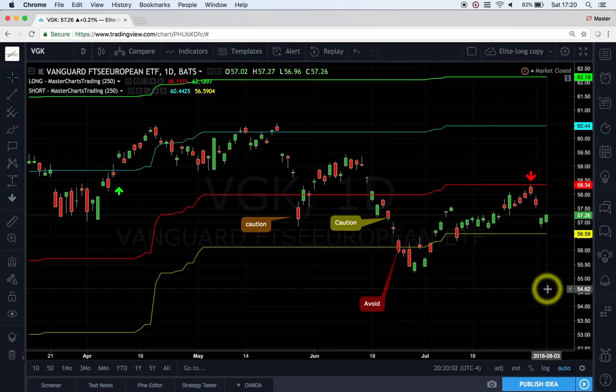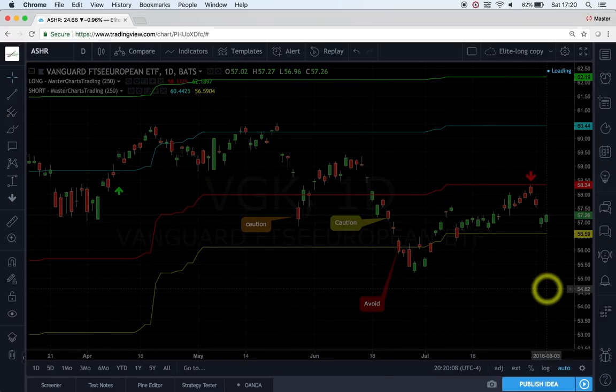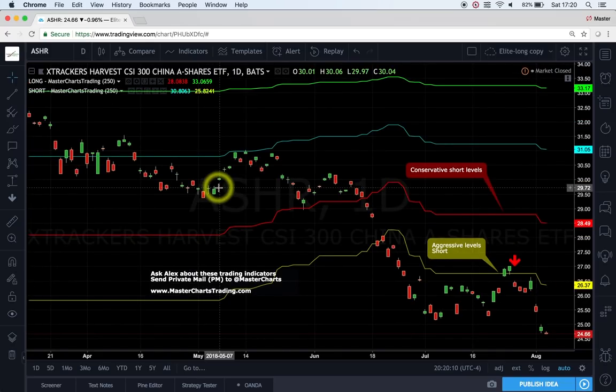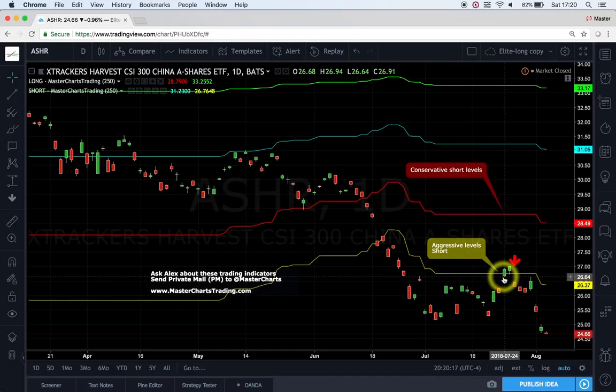So in fact, let me show you exactly what happened here, and this is China. ASHR is the ticker symbol. Notice where the shorts came in, right around the yellow indicator line. So aggressive shorts were rewarded. Me personally, I'm not that aggressive.